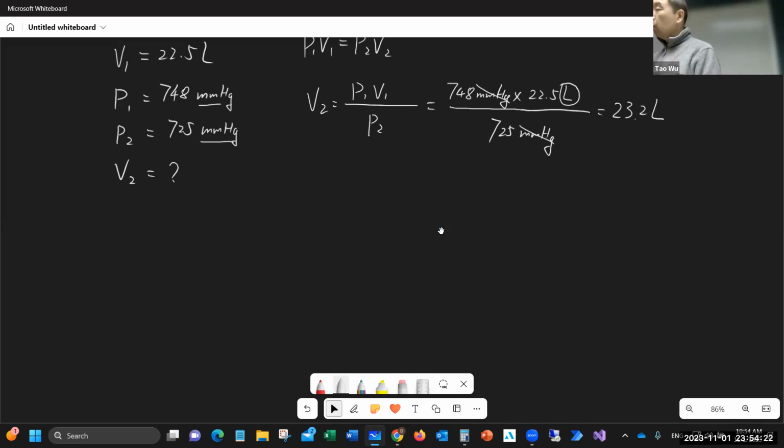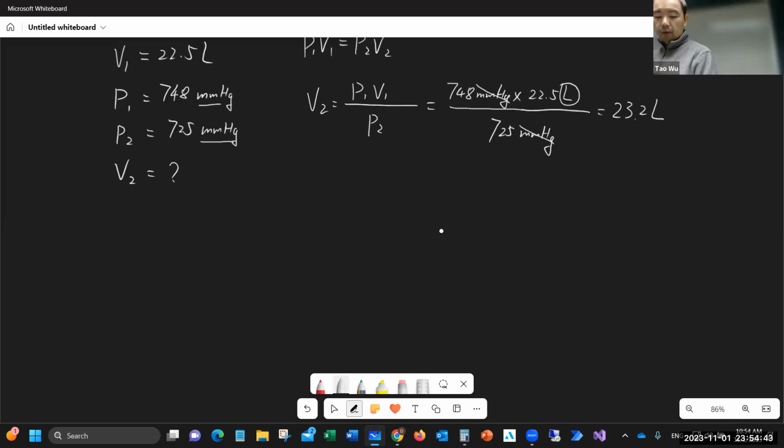Now let's look at question number 5 over here. This question number 5 didn't give you a number. This is conceptually helping you to understand. Here it talks about what will happen to the pressure when the volume is tripled at constant temperature.